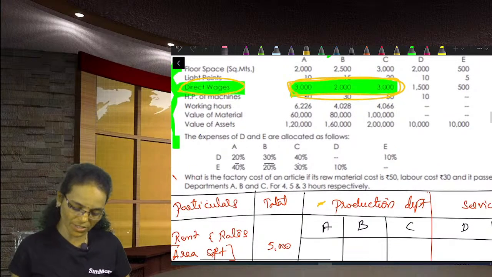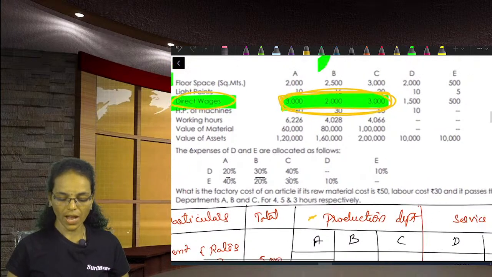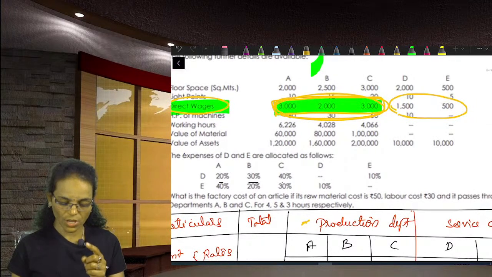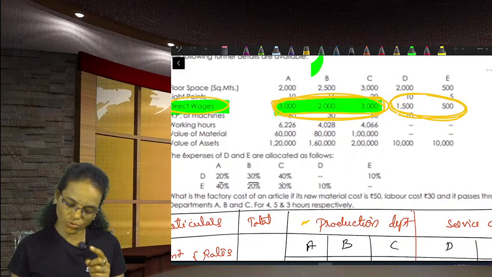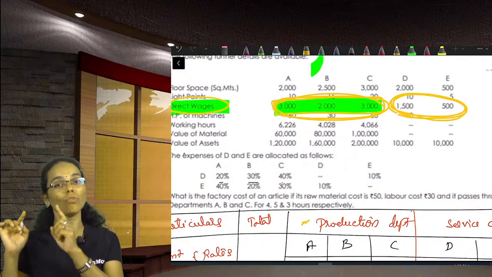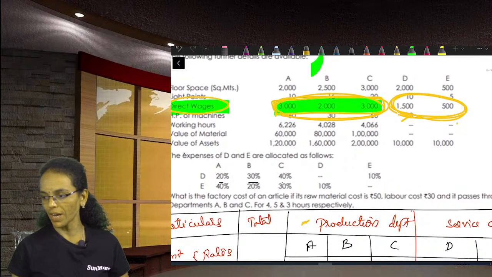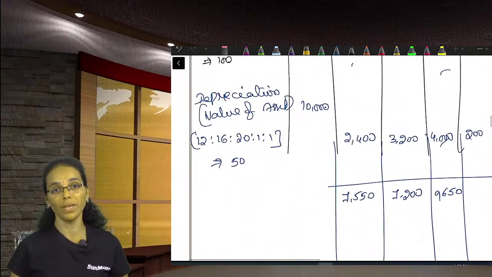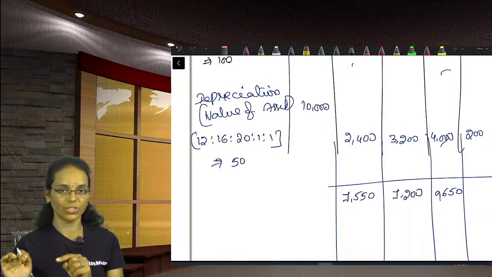So we need to add only these two expenditures for calculation of overheads, that is 1500 and 500 rupees for the service departments. This is the main crux of the question, I can say.